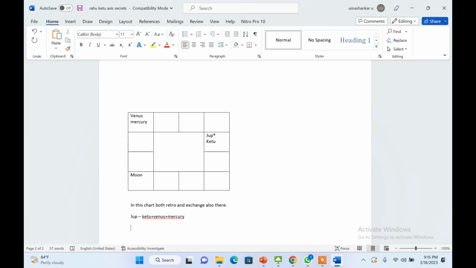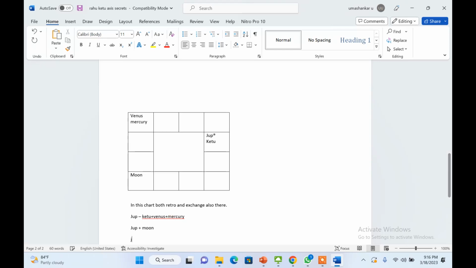Then once it becomes retro, right? Because we already told retro planets will concentrate more on the 12th house. In retro means it will be the second house. So we will see. Then once retro, it will become Jupiter plus Moon. But once it becomes retro, there is also an exchange.